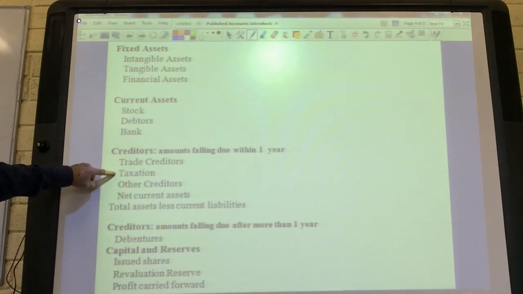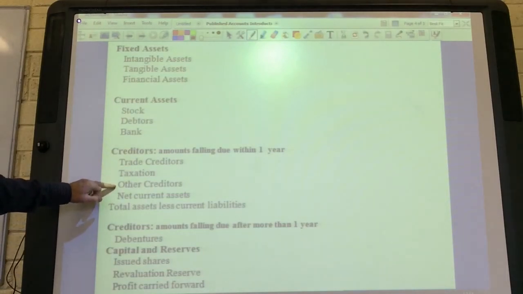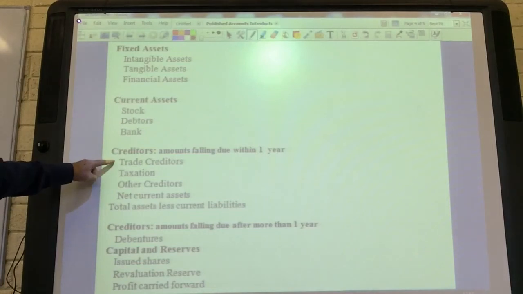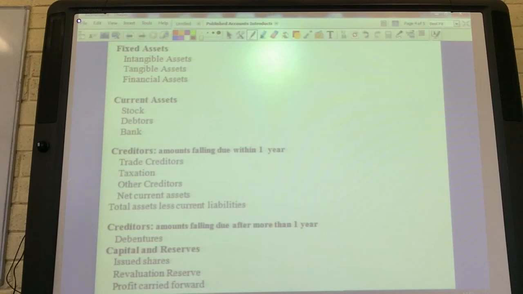Any taxation due is in here, and then any other type of creditor will go in under that heading. These are your typical expenses due but unpaid. Anything that's not a trade creditor and anything that's not tax will be looked on as other creditors. Typically it would be things like debenture interest due and arrears in our expenses.